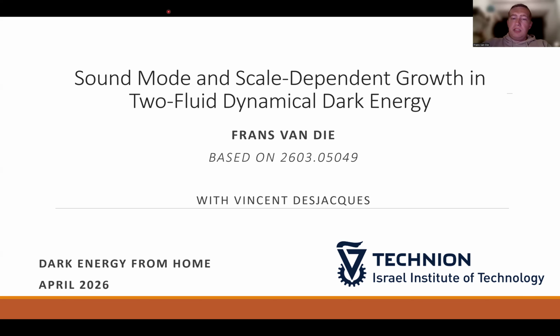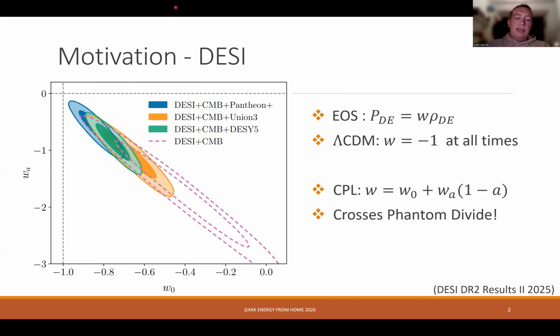Now, the main motivation for this work is, of course, the results by DESI that seem to point at the fact that Lambda CDM might not be an accurate description of reality, where dark energy might actually not be a cosmological constant, i.e. the equation of state seems to not equal -1 at all times.